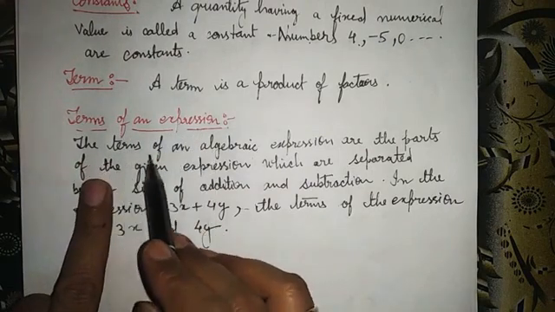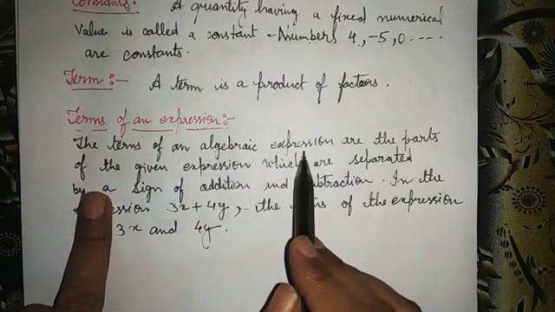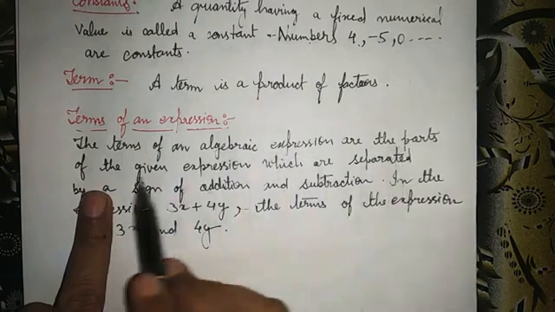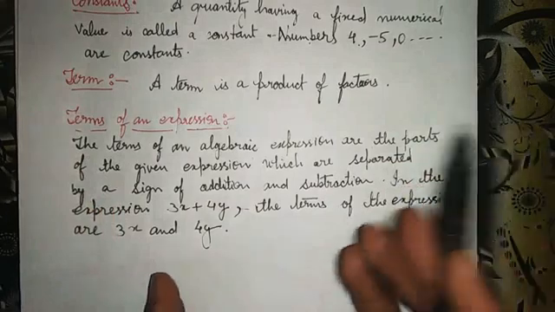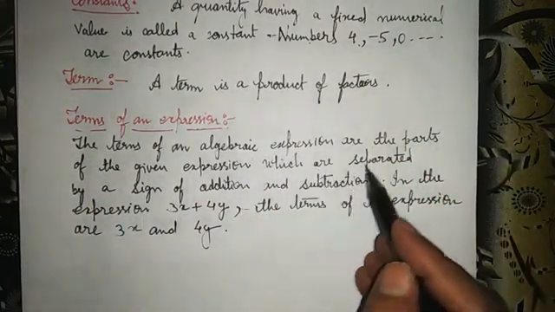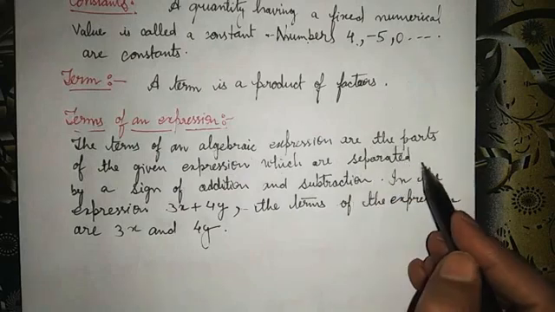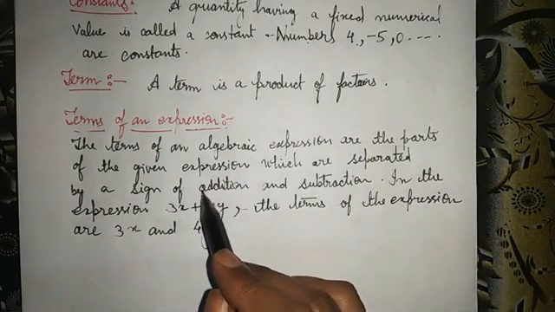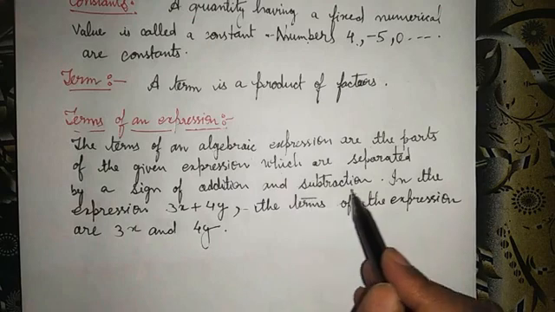The terms of an algebraic expression are the parts of the given expression which are separated by a sign of addition and subtraction.